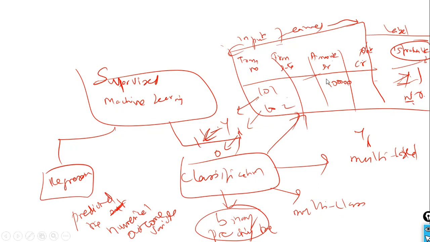Okay. Multi-class classification. What is multi-class classification problem? Supposing you are given a bunch of fruit images: apple, orange, avocado, and pomegranate, and you train the model with the data set, historical data.